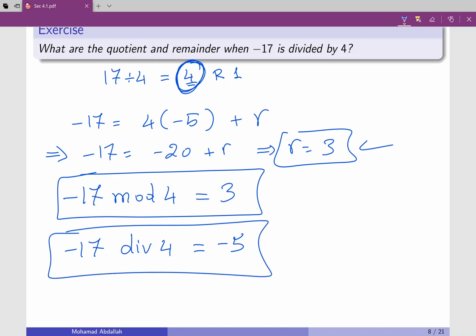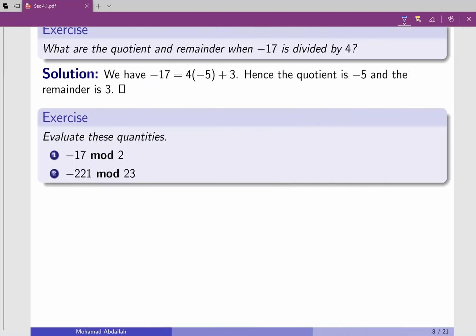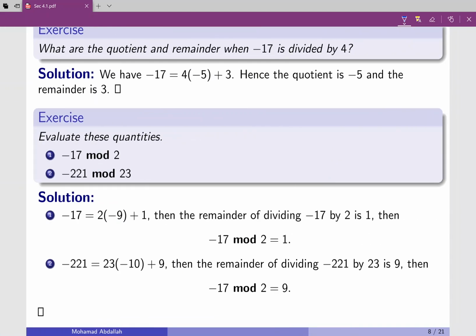So that's how we answer the following question. You can check it here. You can try these exercises. You can just do them the same way as I did the previous one. This is the solution. You can try them and then check.